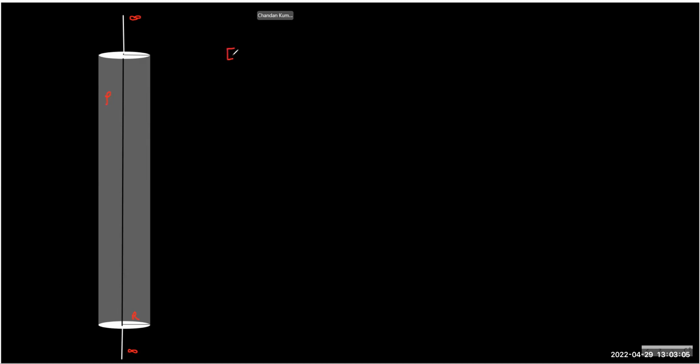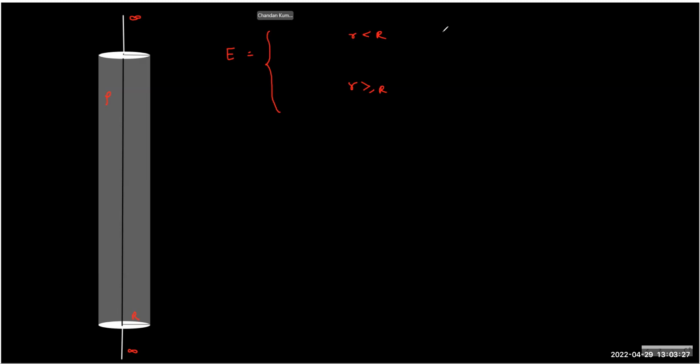So we are supposed to find the electric field for r less than capital R and for r greater than capital R. So there are two questions. You can apply Gauss law and tell me the answer. Okay. Yes. So do it.